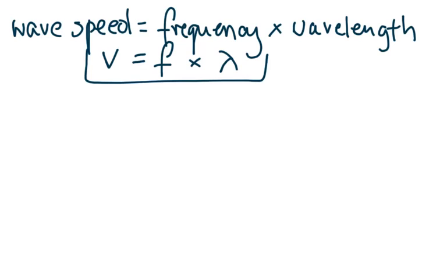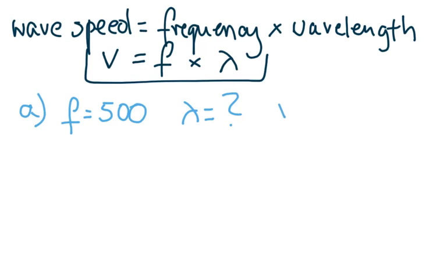The first example, which is example A, is giving us a frequency of 500. They don't give us a lambda, so for lambda we're going to put a question mark, and they're giving us the speed of the wave, which is 1500.